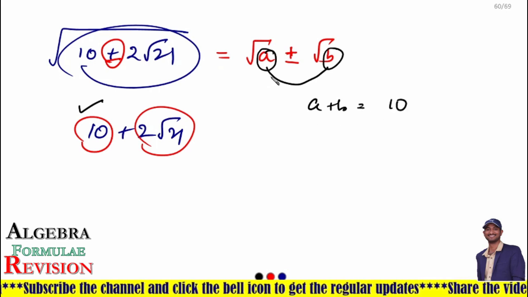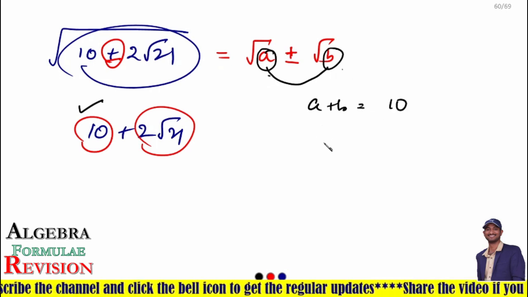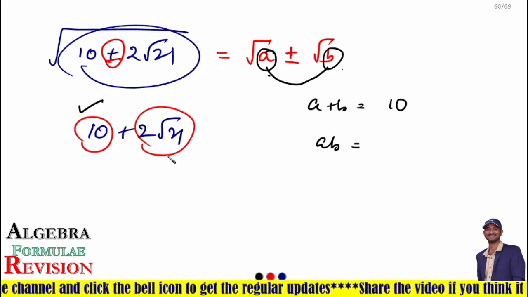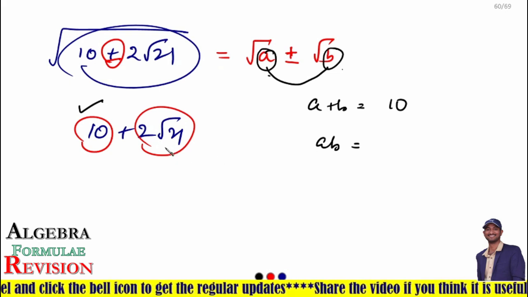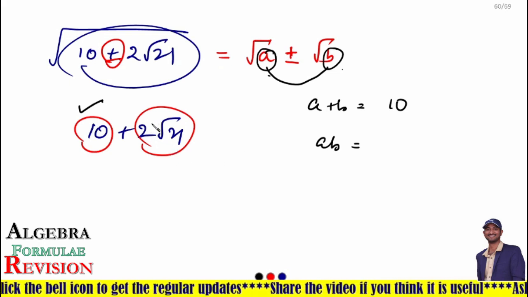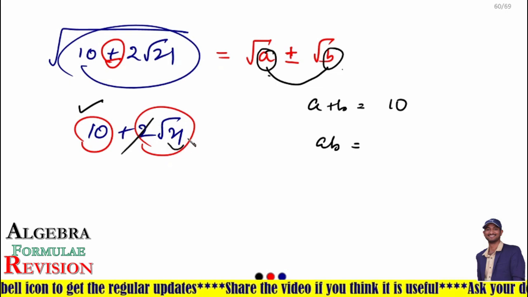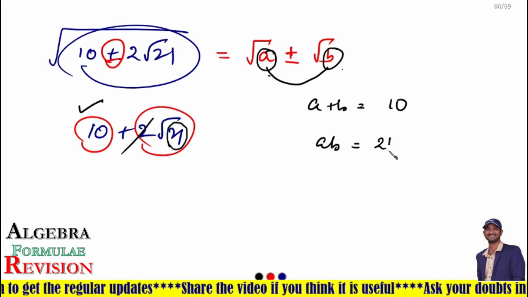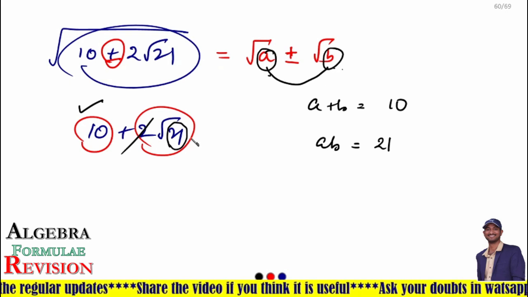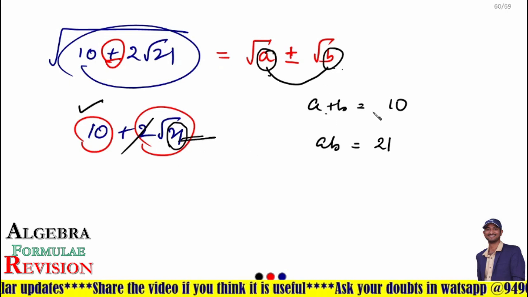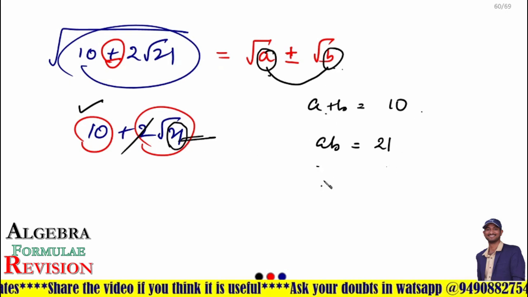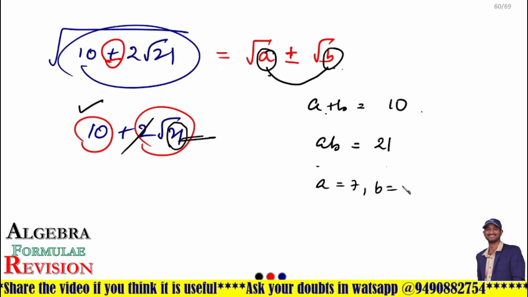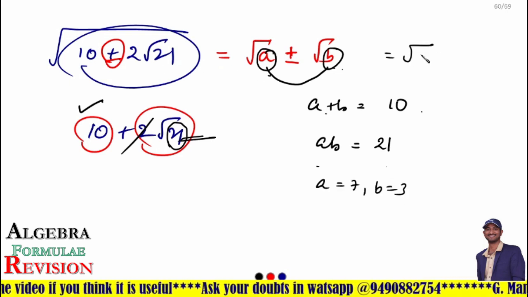And the product of these two values is equal to, after cutting the 2, the remaining number, 21. So the product of these two numbers is equal to 21. a plus b is 10, ab is 21, so what are the values of a and b? 7 and 3. So what is the answer for this? Root 7 plus root 3.